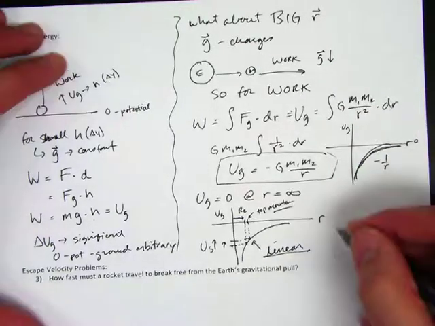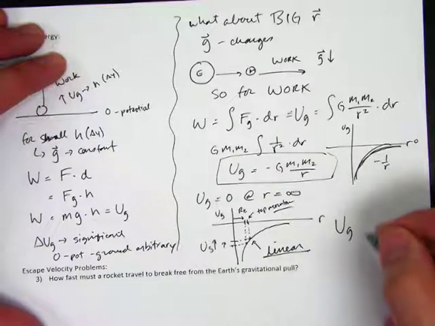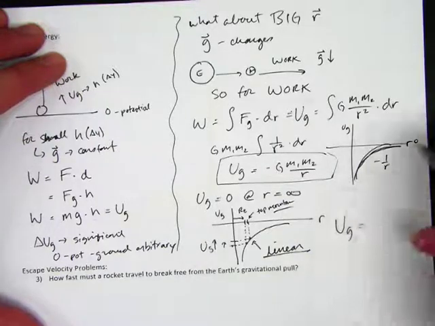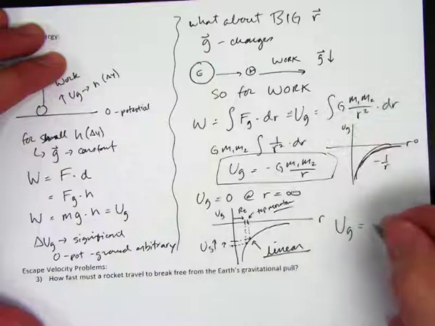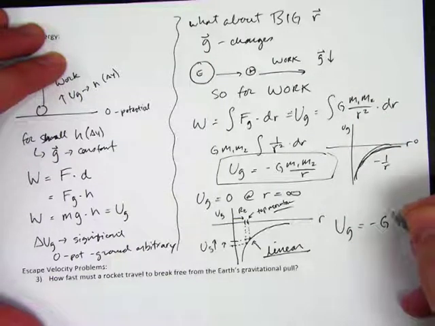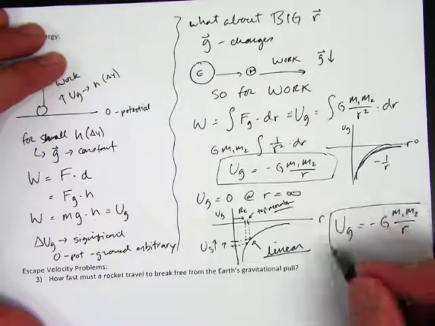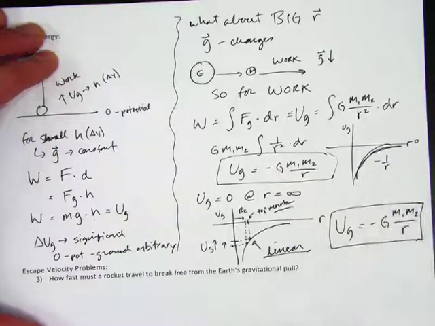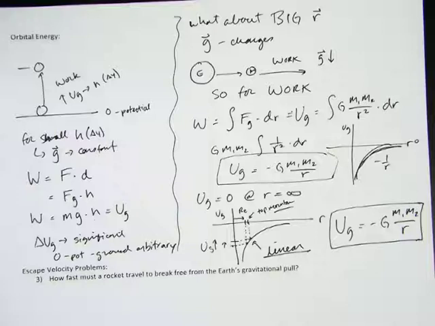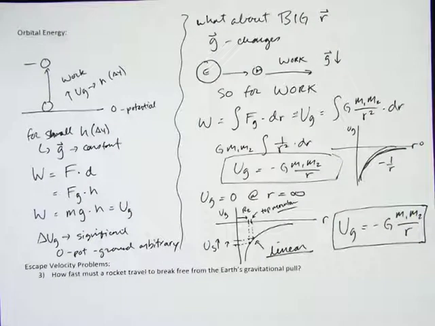So for purposes of solving for gravitational potential energy on the scale of a solar system or the universe, we use the relationship derived from universal gravity, negative g m1 m2 over r. And in the next video, I'm going to show you a couple of sample problems that we can use this for modeling.